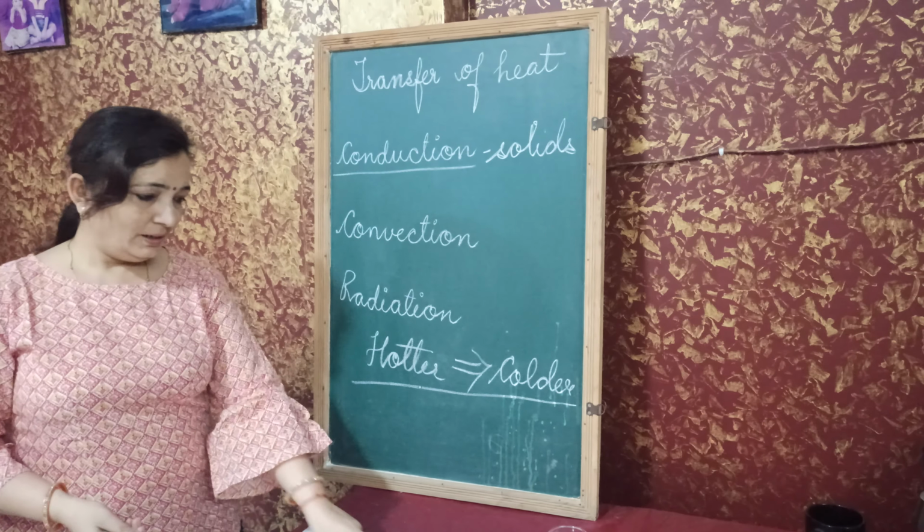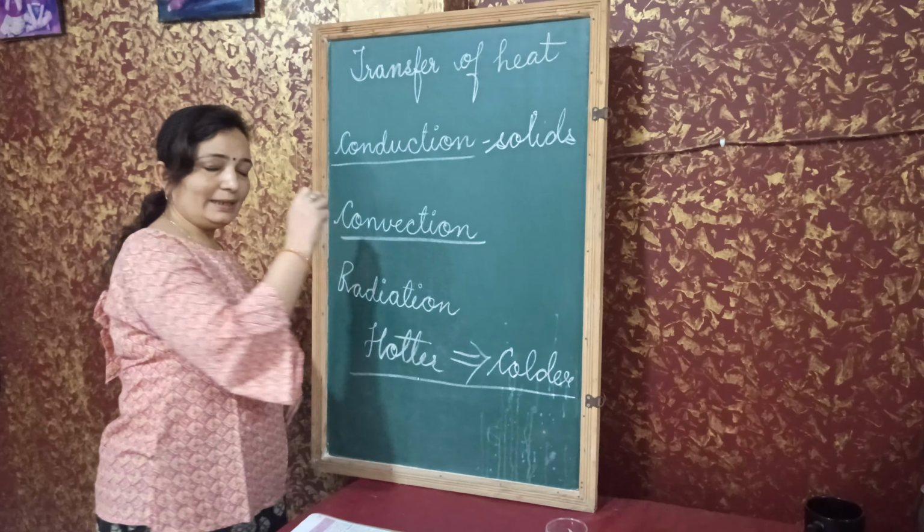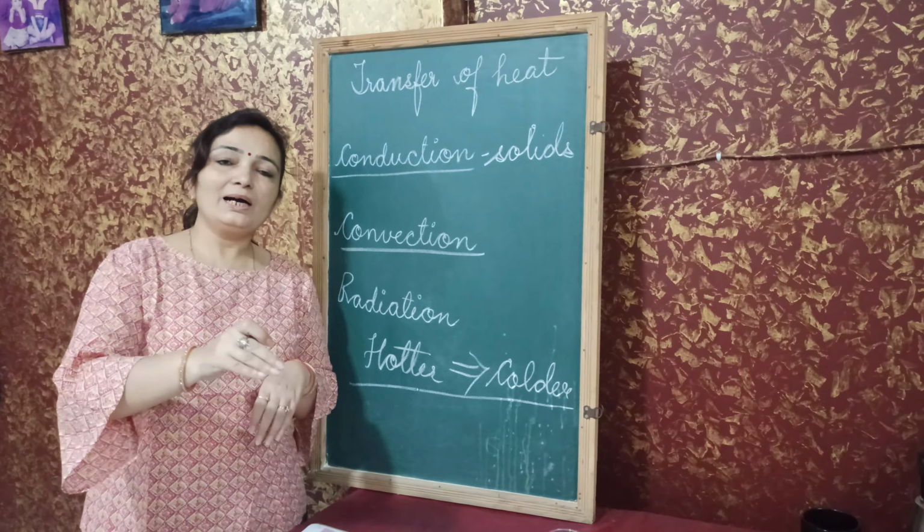Now, you have put water in the pan and you have put your vessel on the flame, on the source of heat. Then first the pan will get heated. The pan is solid, so it will get heated first, and then the molecules of water which are on the lower layers will start heating first, and slowly those molecules will start moving up.